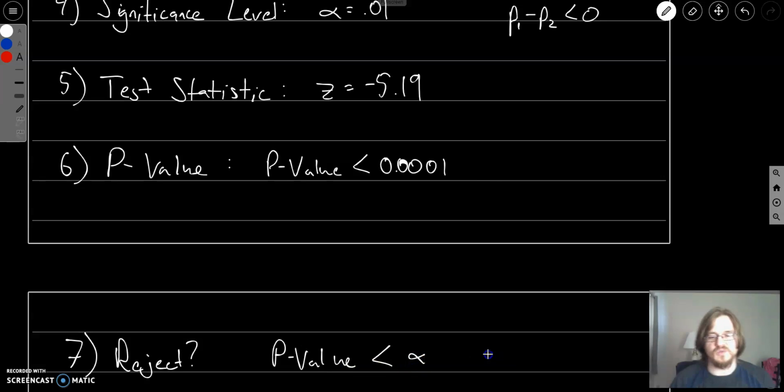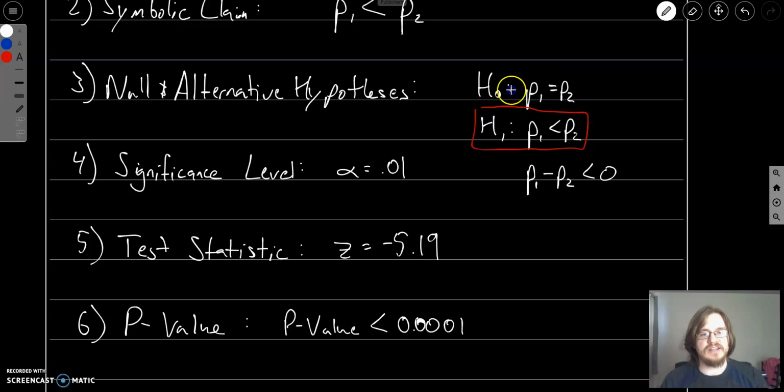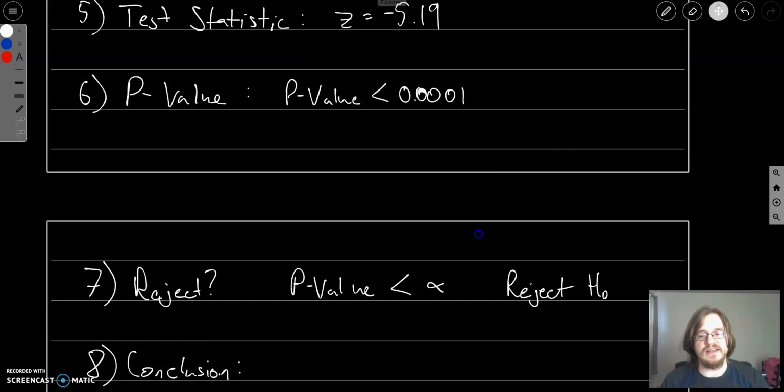So we reject the null hypothesis, which was H0. If we reject H0, that means that our alternative hypothesis is true. So we can conclude that P1 is in fact less than P2.